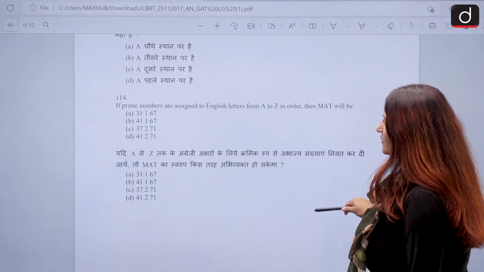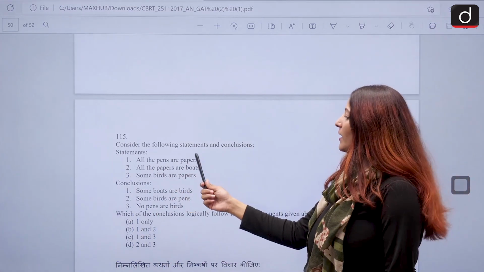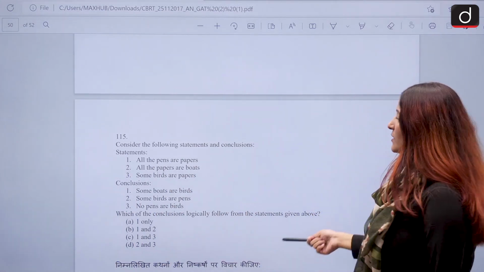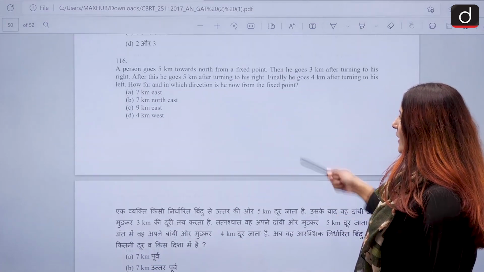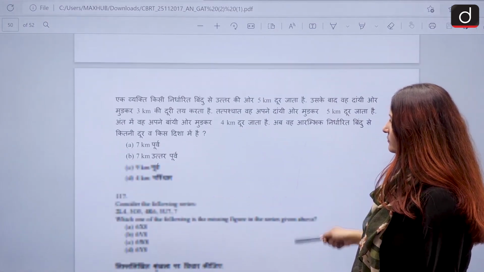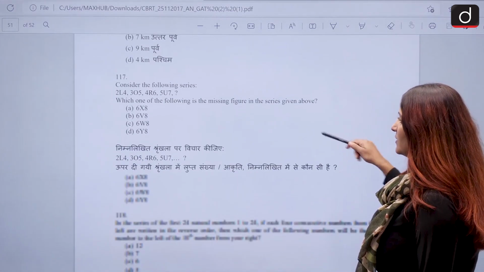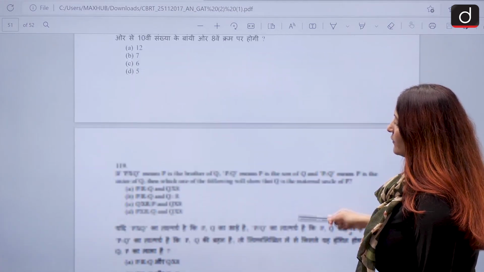So I hope you understood how the questions will be asked. Maths is also there. Syllogism: all the pens are papers, all the papers are boats, some birds are papers. Syllogism is also asked. Maths question is over here. No, it's not maths, it's basically logical reasoning. Moving ahead, logical reasoning as well as maths can also be there. So these are the kinds of questions.